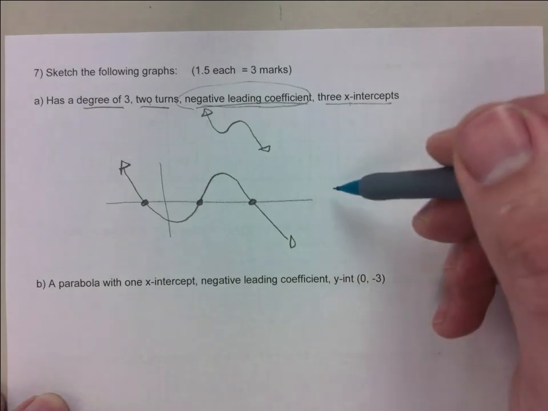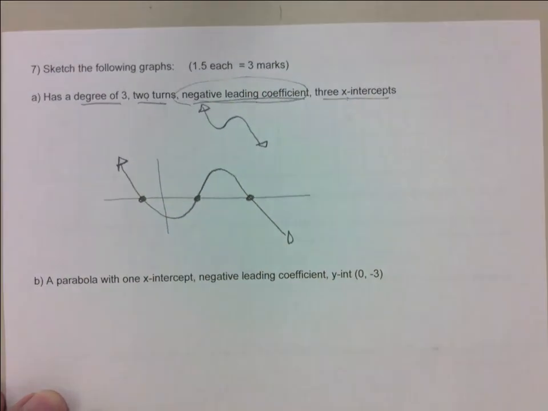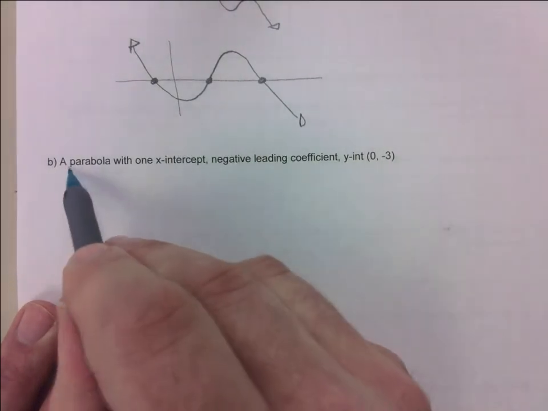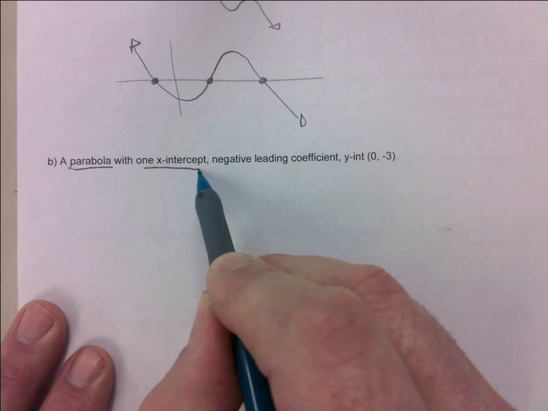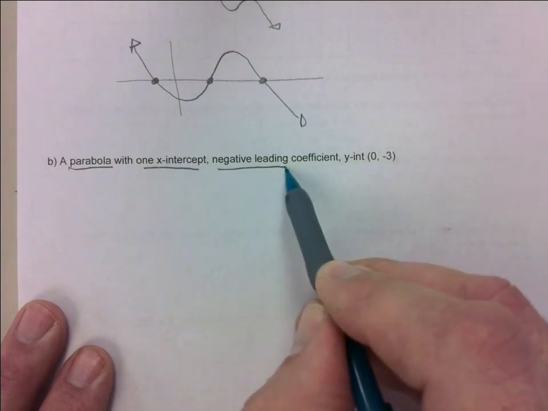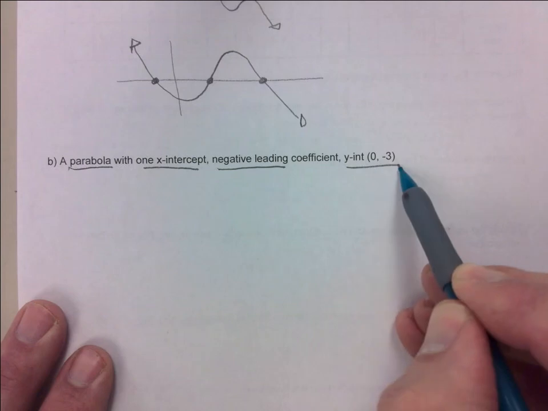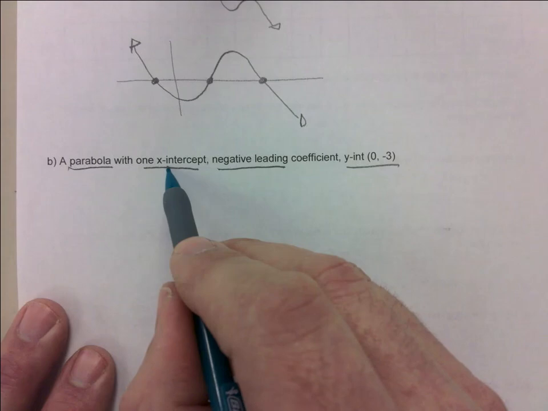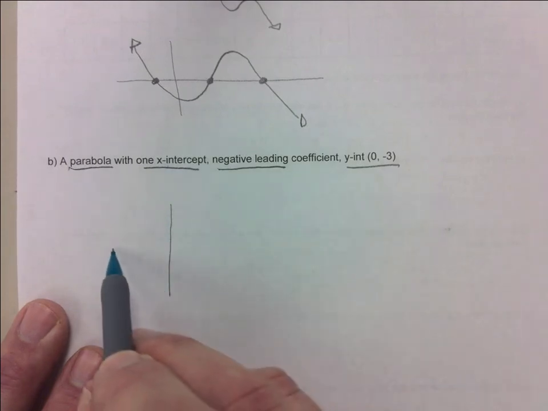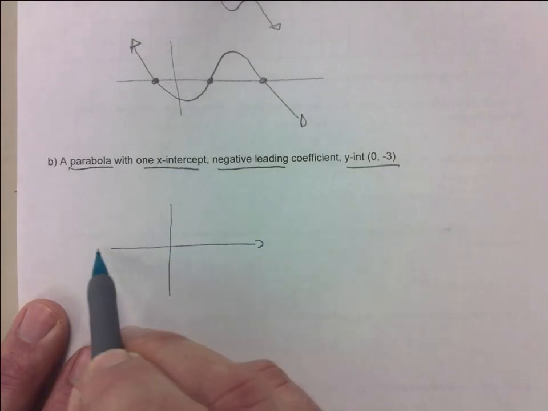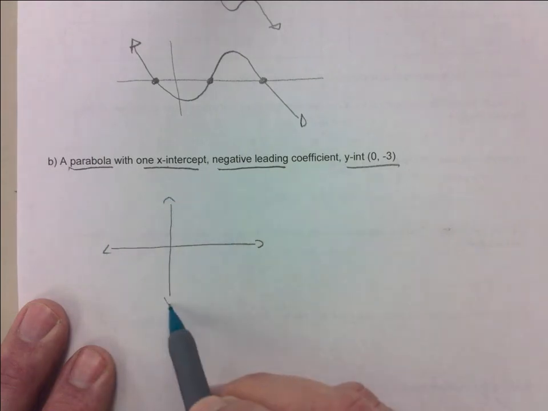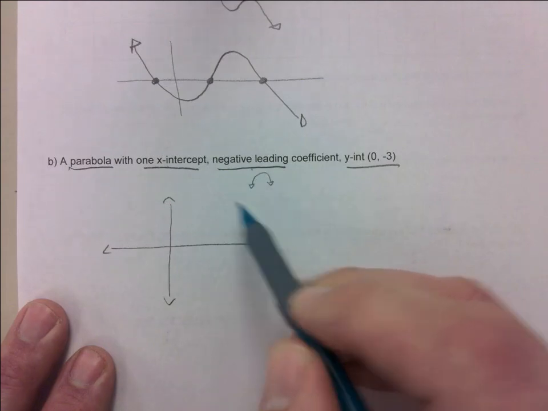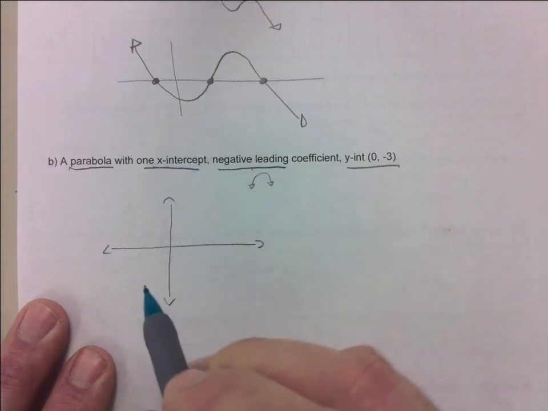So you get 1.5 for this one, and you get 1.5 for this one. It says a parabola, 1 x-intercept, negative leading coefficient, and a y-intercept of (0, -3). So what does this mean? It means that obviously if it's negative, then it's going to do this, 1 x-intercept only.